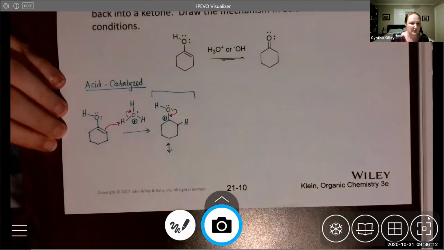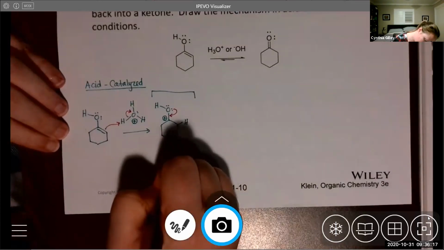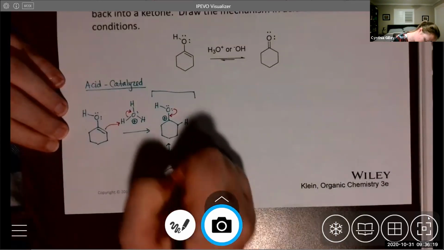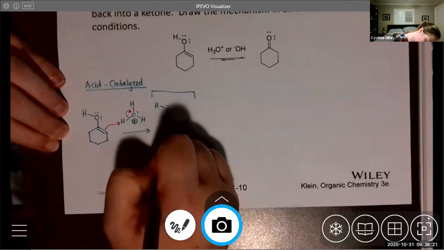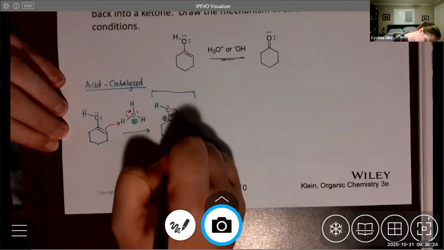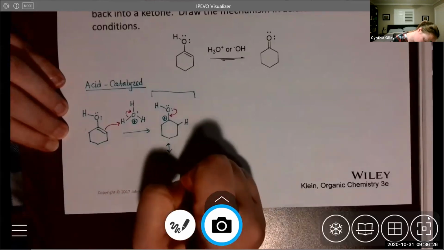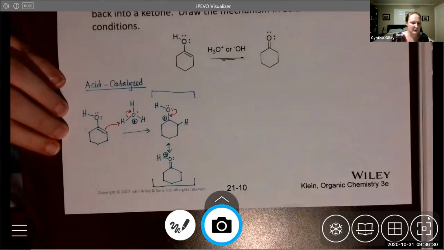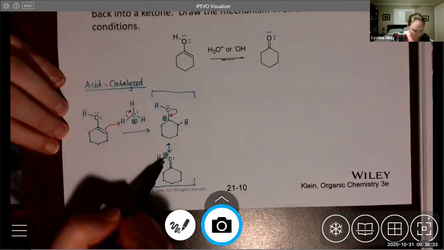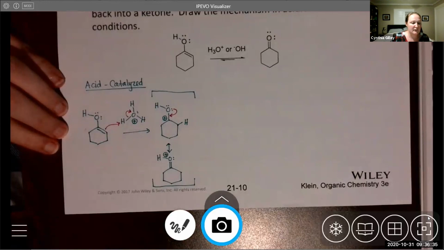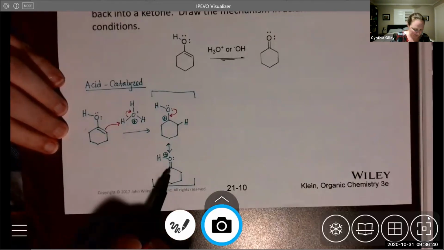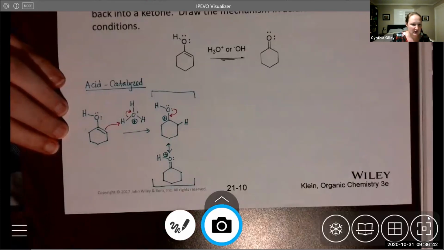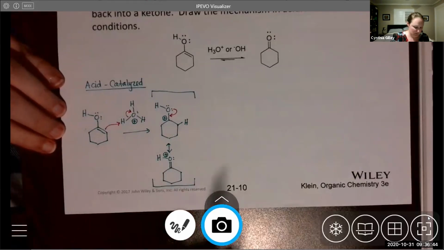The pattern is lone pair adjacent to a positive charge. Okay, there's the other resonance contributor, where now the oxygen has the formal charge. So we know that the true structure is that the oxygen and the carbon attached to it share the positive charge. We're very close to the ketone.